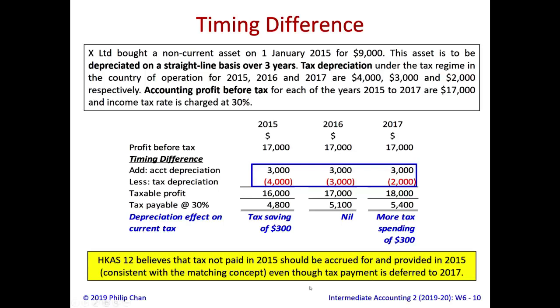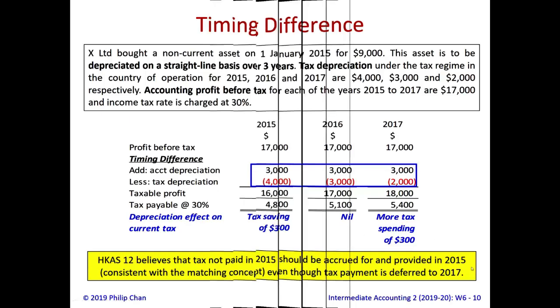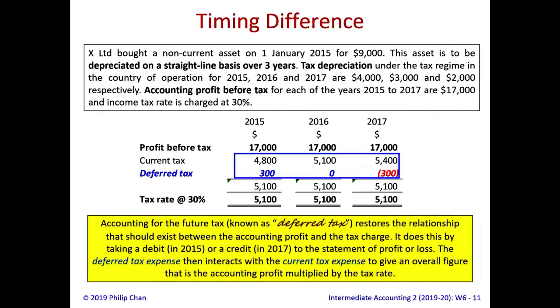What we mean by that is the standard believes that we must increase the tax expenses by 300, even though we have a tax saving in that year, so we have to do a double entry for it. And then in the year 2017, we have to reduce the tax expenses by 300, so that we would have the same profit level over the 3 years.